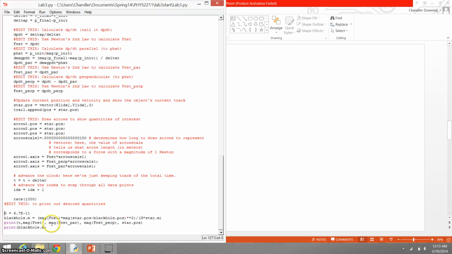Alright, so as you can see, this is fnet, this is r, this right here. So we're finding the distance between those, and r, and then we're squaring it here. And then we divide by G times the mass of the star.